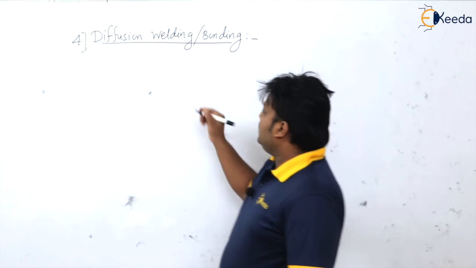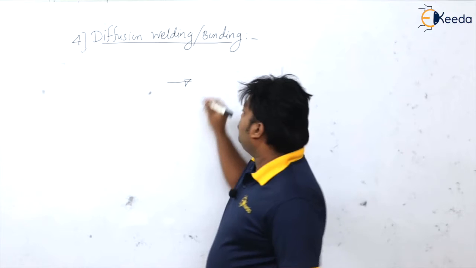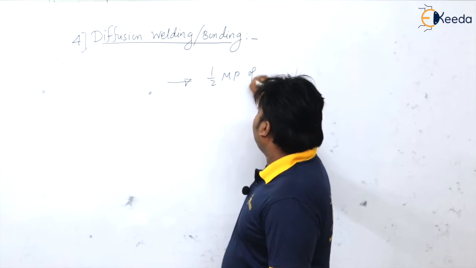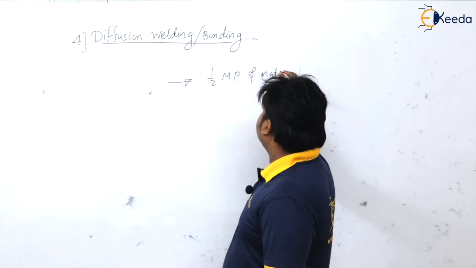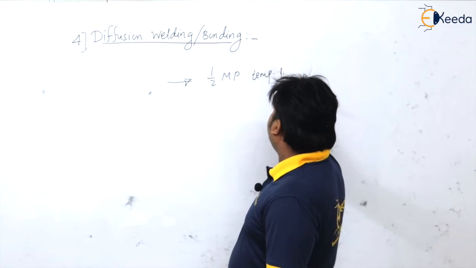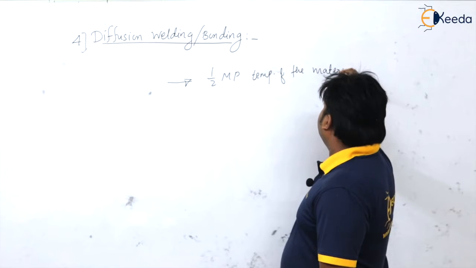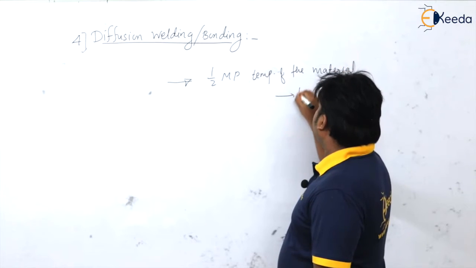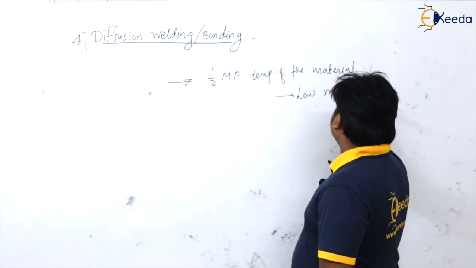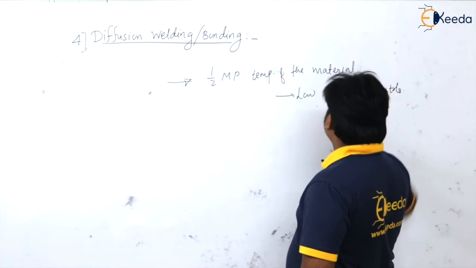Okay, कितना टेम्परेचर तक जा सकते हैं हम डिफ्यूजन वेल्डिंग में? That is, we can heat the material up to half of the melting point temperature of the material, for low melting point temperature materials.